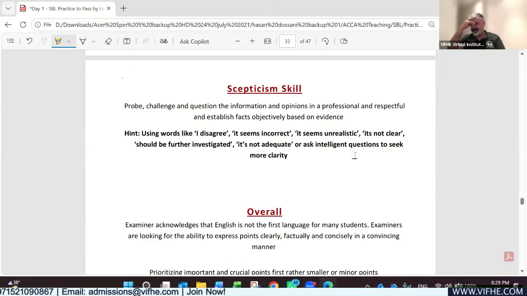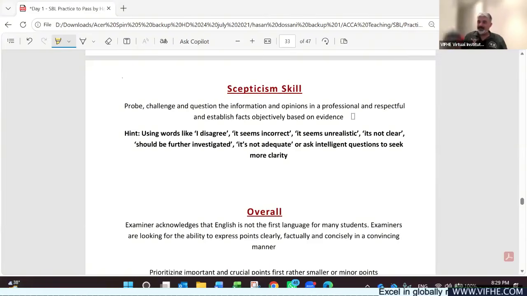The word skepticism comes from the word skeptical. And what is the meaning of the word skeptical? Skeptical means questioning mind.